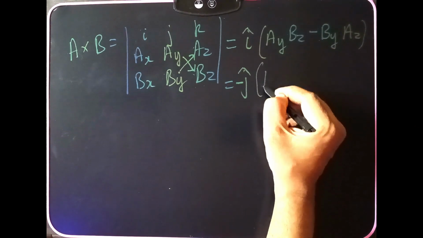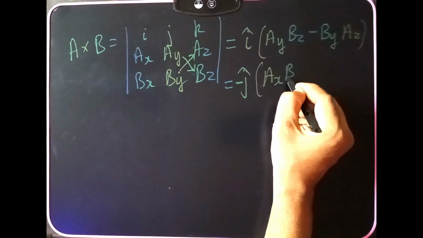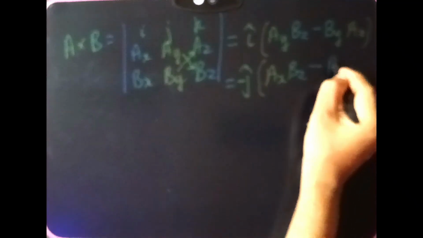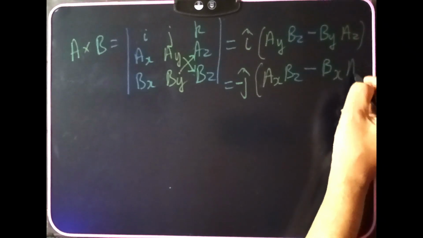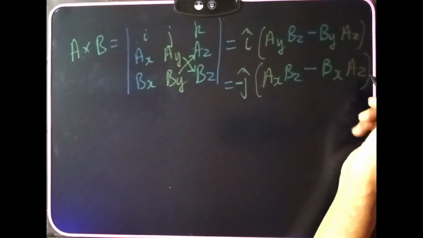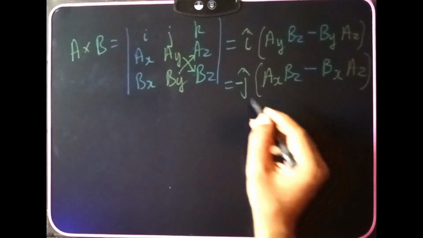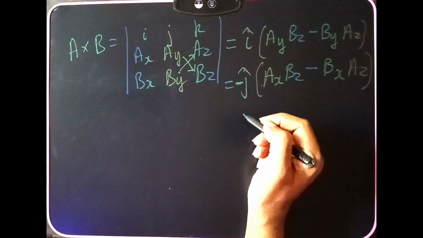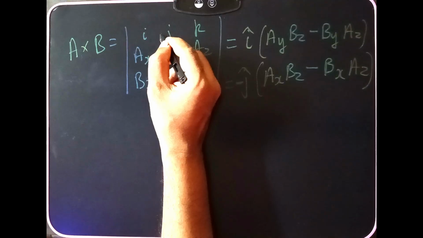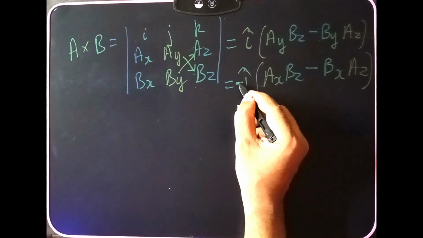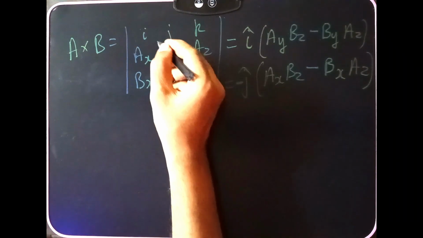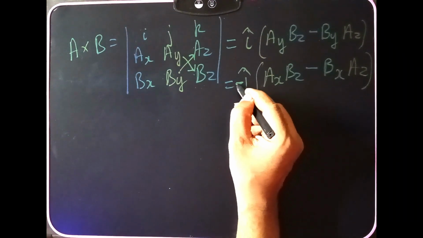Then you will directly multiply Ax Bz minus Bx Az. Here we will get a minus sign. Or you could have directly taken the minus sign here, then you could have written it directly as plus. Even without writing minus here, you need to take minus.